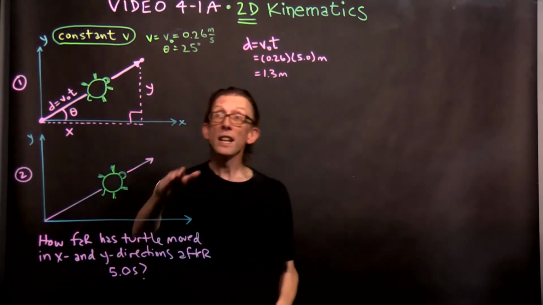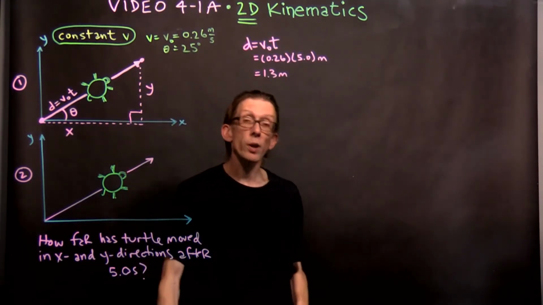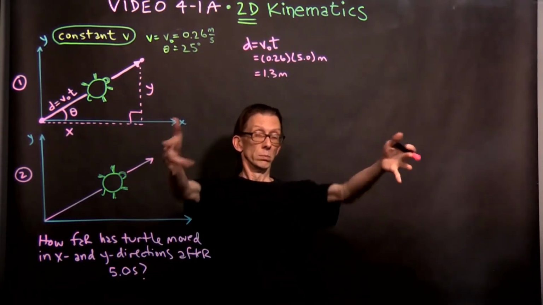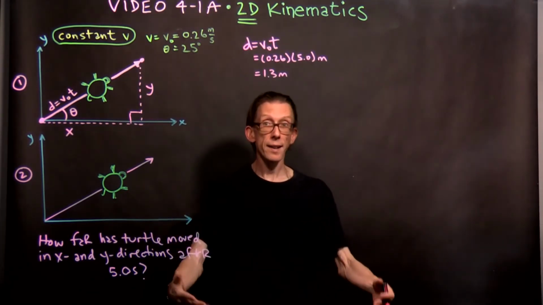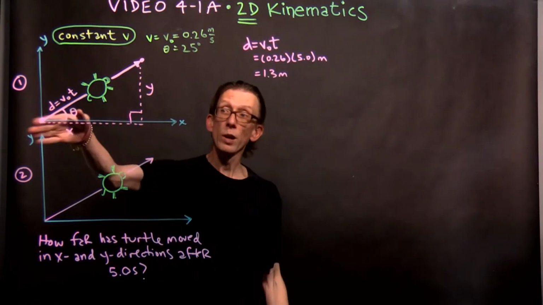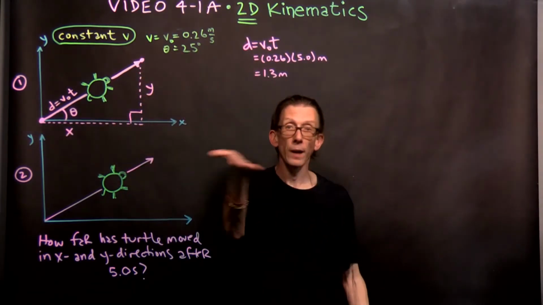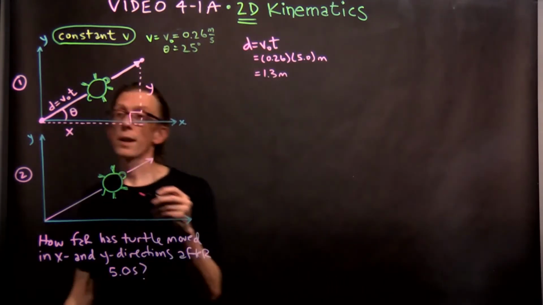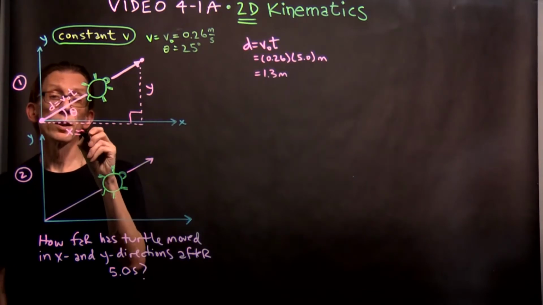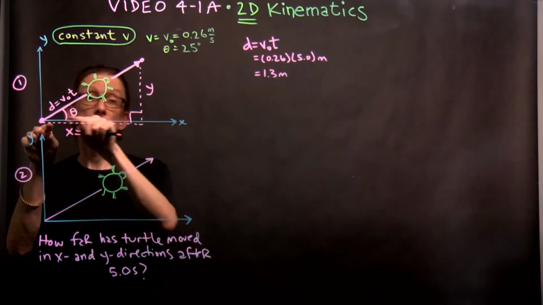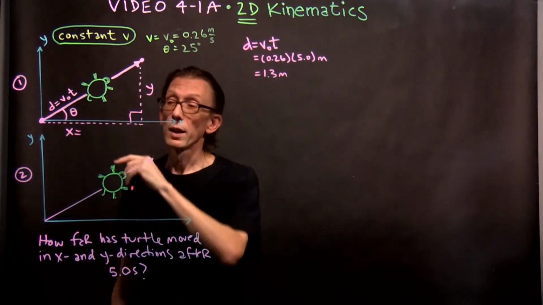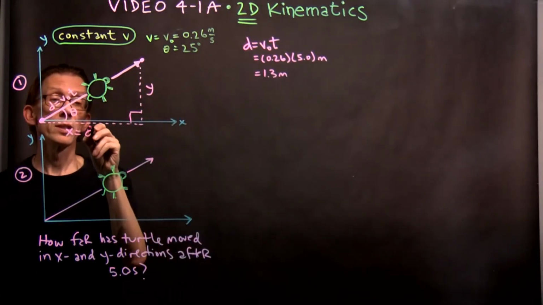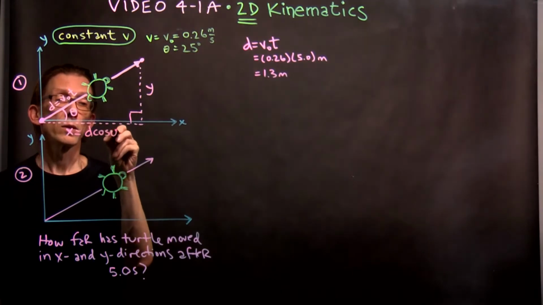And now that we know d and we also know the angle, we can use trigonometry to determine the sides. We know the angle, we know the magnitude of the vector, now we can find x and y. Remember that x is the adjacent side to theta. Adjacent is cosine, so x is just d cosine of theta.